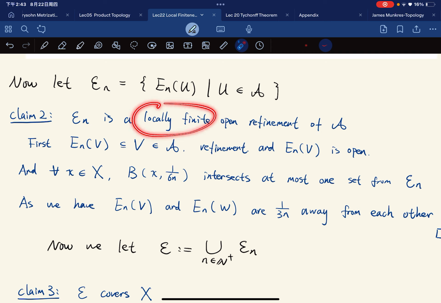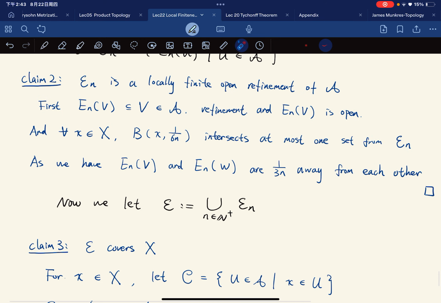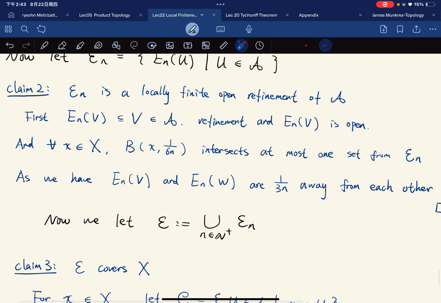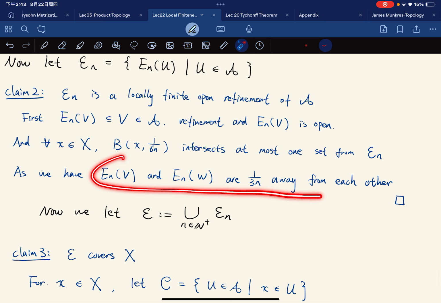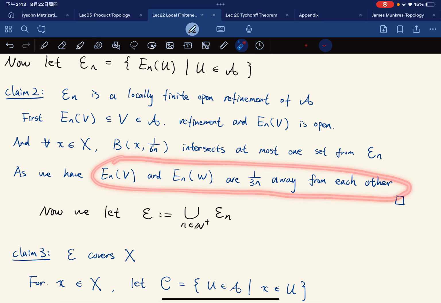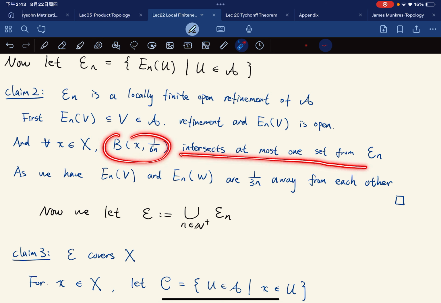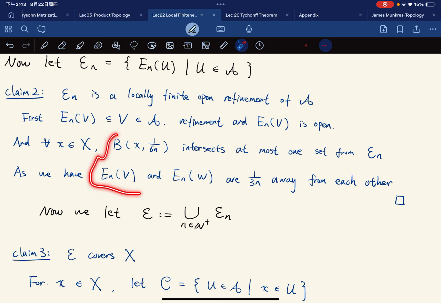We want to check if it's locally finite. Well, for any x, the 1/3n ball intersects at most one of epsilon_n because these two sets are 1/3n away from each other. So this intersects only at most one of them. If it intersects two, we can use the triangle inequality to get a contradiction.